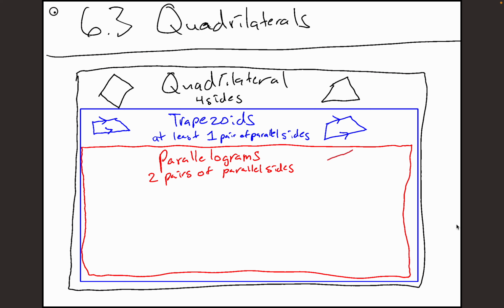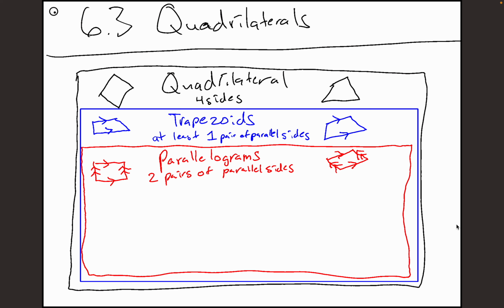So, it can look something like this, or this. Okay? So at least two pairs of parallel sides. Okay? And that is a parallelogram.